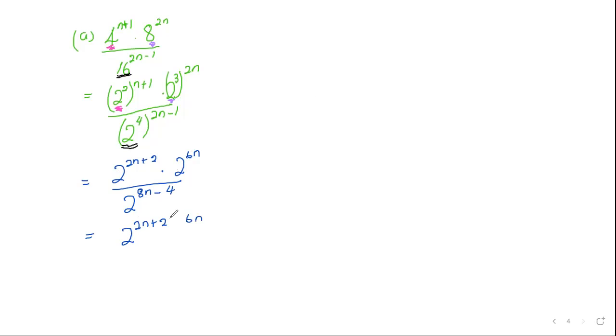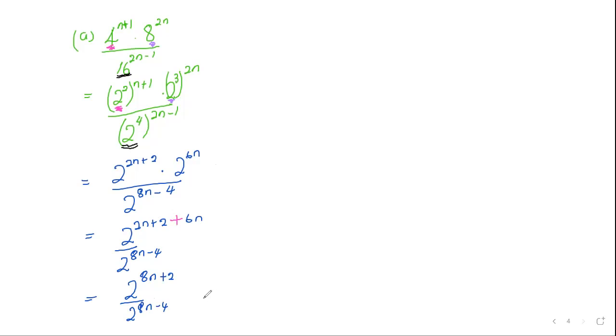We multiply powers that have the same base, we add the exponents, over 2 to the 8n minus 4, and that gives you 2 to the 2 plus 6 is 8n plus 2, all over 2 to the 8n minus 4.